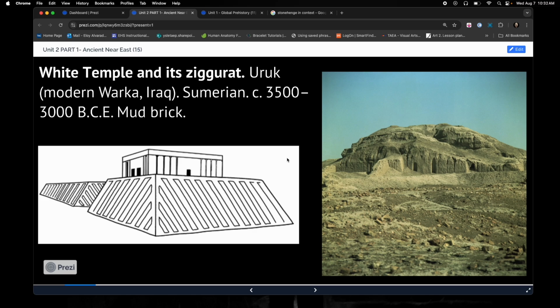Very similar to the form, but the form is more... Well, I guess you can also talk about the mud bricks, right? That's also part of the content. Speaking of, the mud bricks were whitewashed. They were painted white.